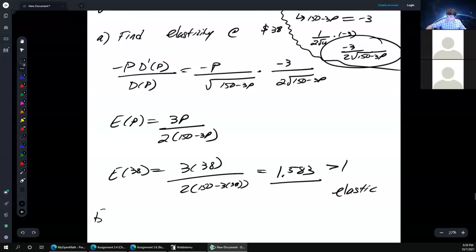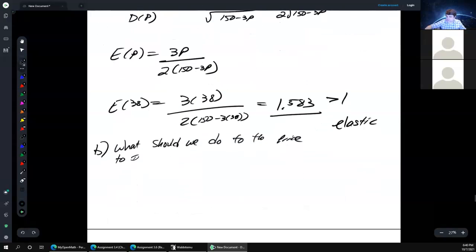Part B. What should we do to the price to increase demand?